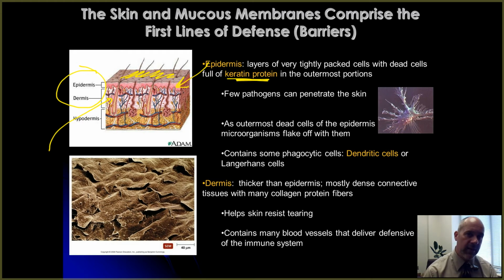Those things help make the epidermis waterproof so that water doesn't evaporate out of your body and water can't penetrate the skin. But it also makes the epidermis a very, very tight barrier. Most microbes can't penetrate through the epidermis to get down here into the dermis where they're not supposed to be.